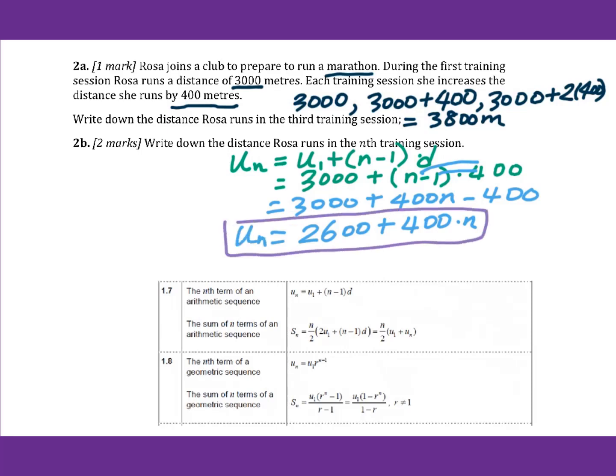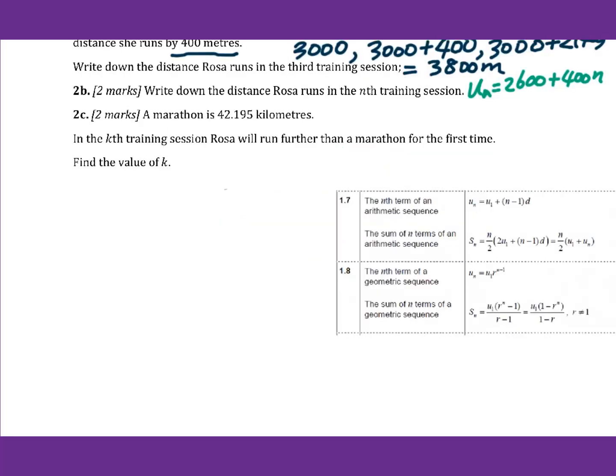Let's go to 2C. A marathon is 42.195 kilometers. In the Kth training section, Rosa will run further than a marathon for the first time.